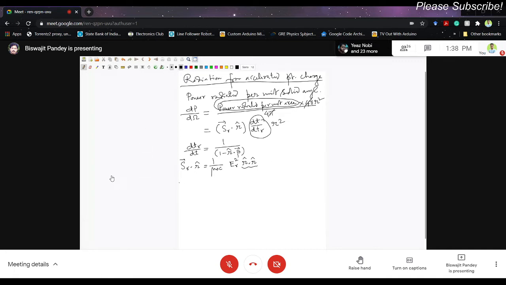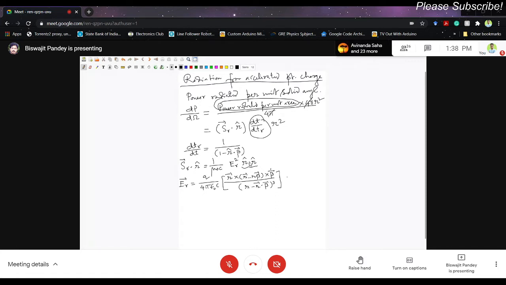What was E_r? Let me write down E_r again. E_r is the radiation field associated with the accelerated point charge, which is given by q over 4π ε0 c times r cross (r minus r beta) cross beta dot, divided by (r minus r dot beta) whole cube.